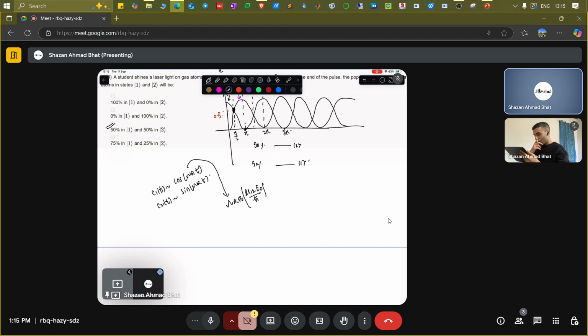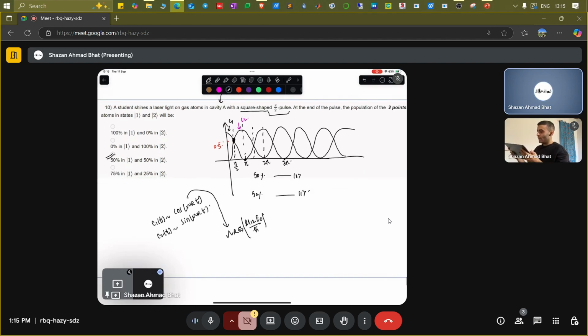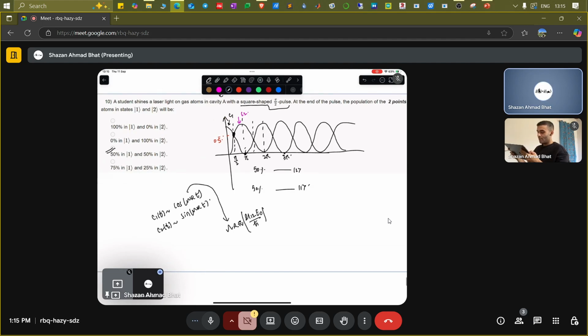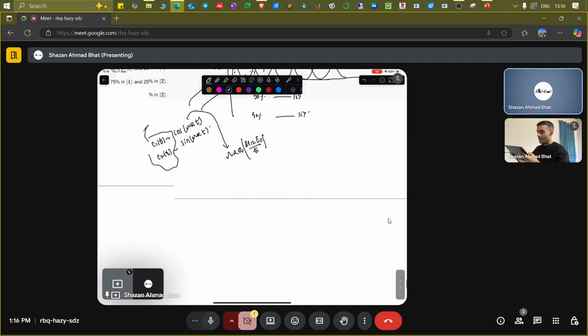And now you can find what is going to happen at the end of the pulse, because you have the cosine and sine dependence. That is what is shown in this plot. You can observe what is going to happen at pi by 2. You just put the values of pi by 2, pi, 2 pi, 3 pi by 2, and 3 pi, and then you are going to find the time dependent probabilities. That is basically these C of t's. So this is C1 of t and this is C2 of t.